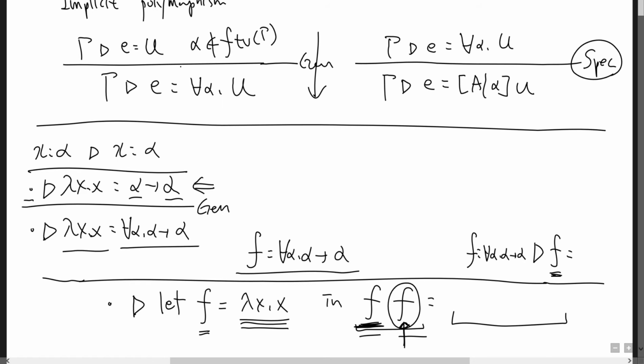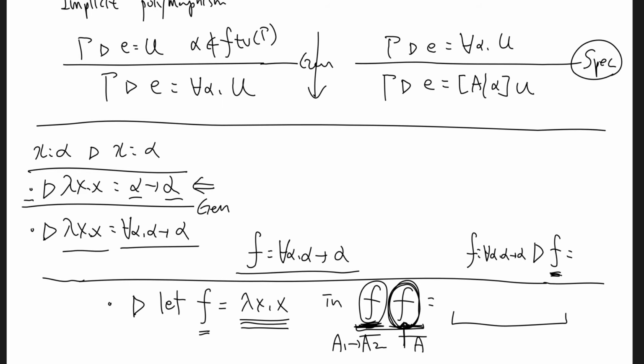And this variable f should be assigned a monotype. In other words, this one must be assigned a monotype A because the first f is going to have a function type, so its type is a monotype A1 arrow A2. So you cannot leave the polytype here for the second variable f.